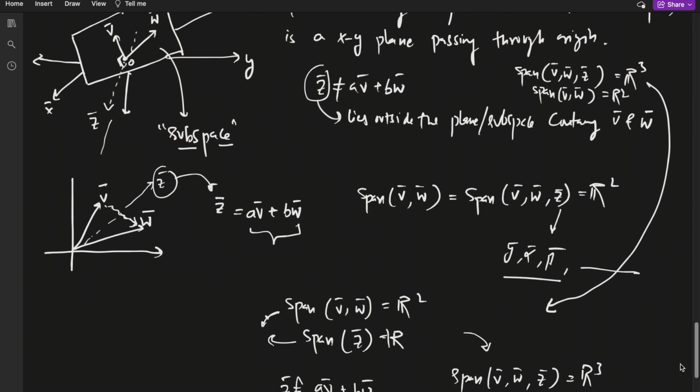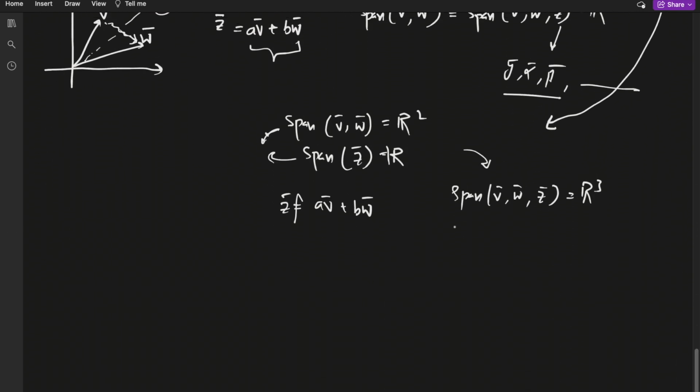Okay. So we can say that any two linearly independent 2D vectors span xy plane.